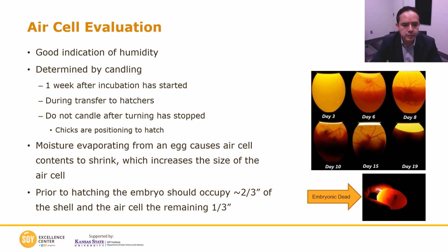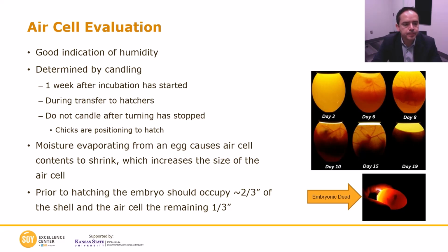However, it is important to mention that you don't want to candle eggs after turning has stopped because chicks are positioning to hatch. So if you already moved the eggs from the incubator to the hatchers, you don't want to candle eggs in the hatchers.